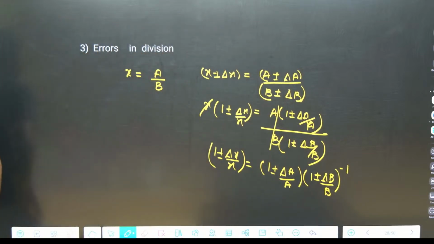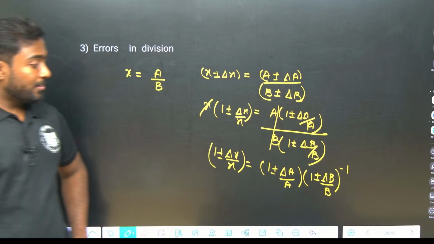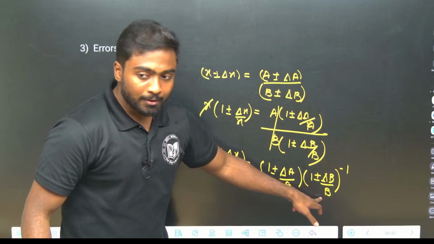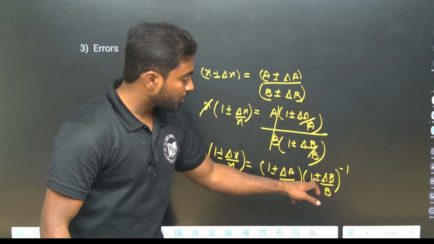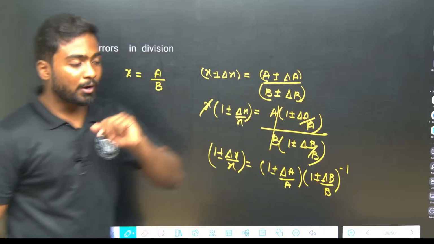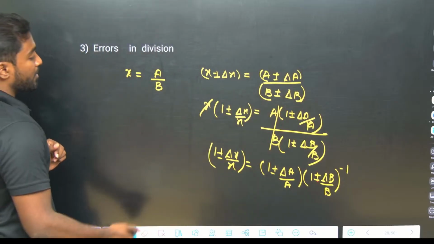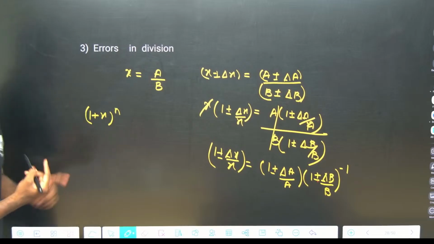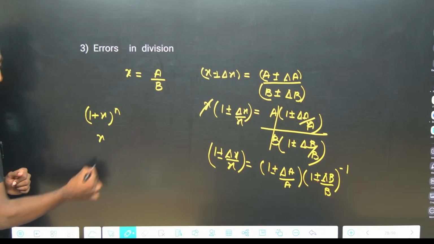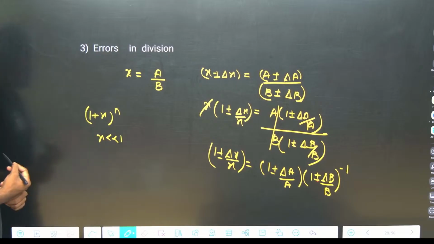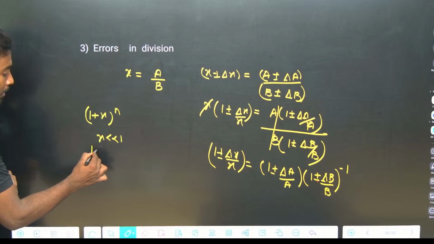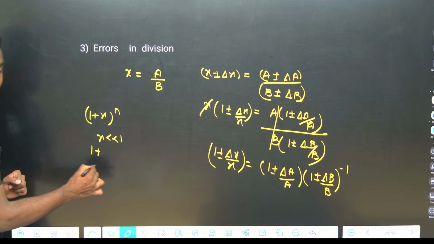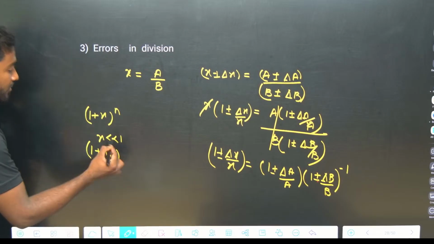Yes or no? So when I see here, this term is very small compared to this 1. What we have learned in the binomial approximation method: 1 plus x to the power n, where x is very much less than 1, in this case I can take 1 plus nx. This is the formula.